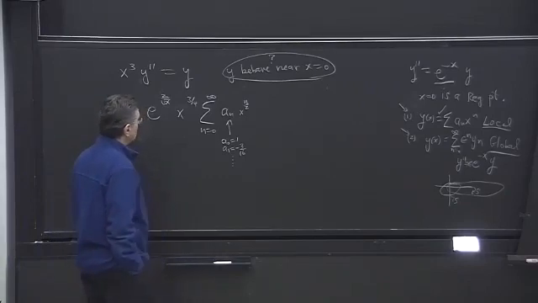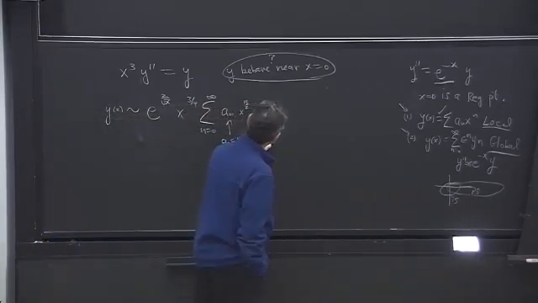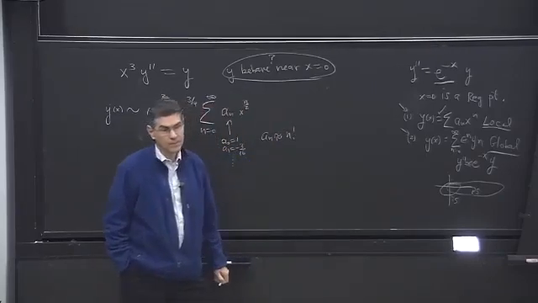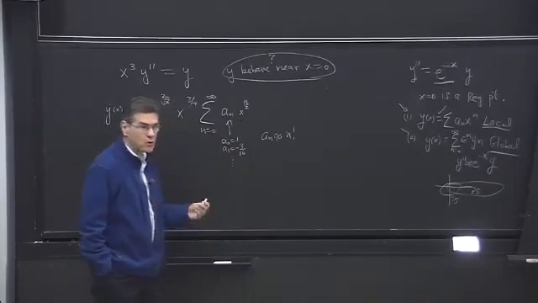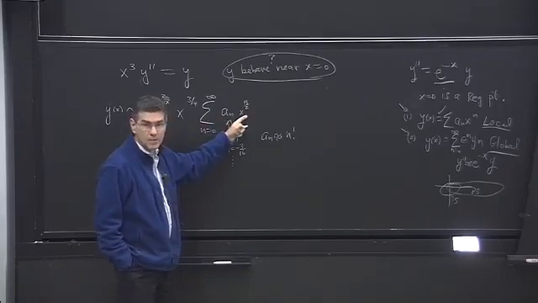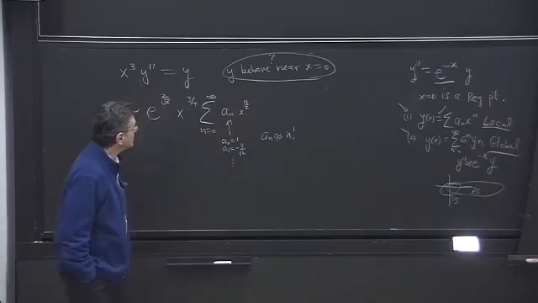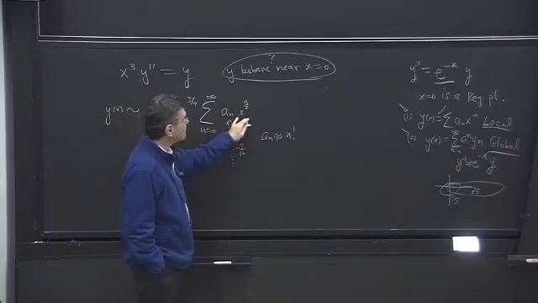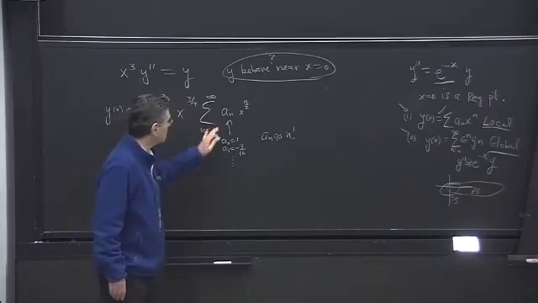And this is a divergent series because a sub n grows roughly like n factorial. So this is very divergent. First of all, this is not a Taylor series because it's a series in fractional powers of x, not in integer powers of x. Secondly, it's a divergent series. So for two reasons, this is not a Taylor series.